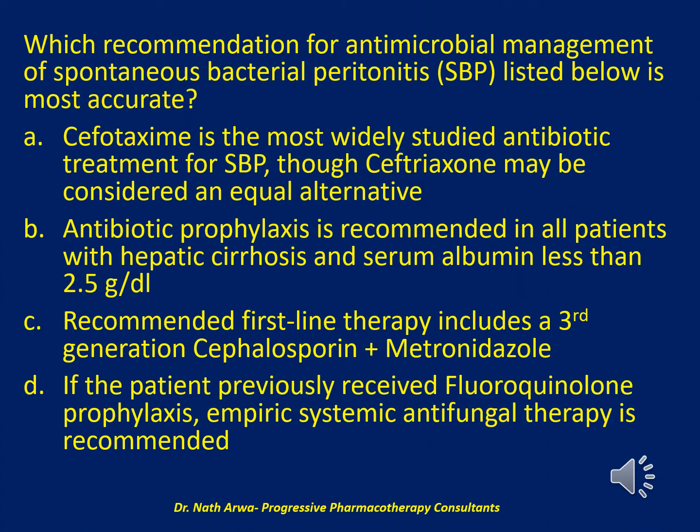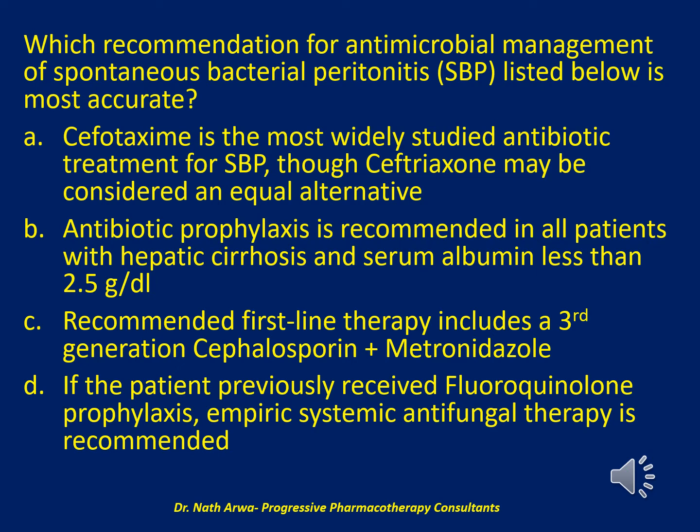And the next question reads, which recommendation for antimicrobial management of spontaneous bacterial peritonitis, abbreviated as SBP, listed below, is most accurate? Is it A? Cefotaxime is the most widely studied antibiotic treatment for SBP, though ceftriaxone may be considered an equal alternative. Or B?